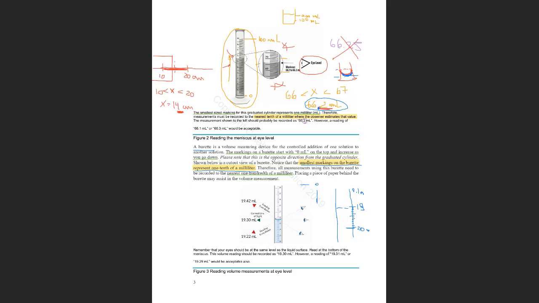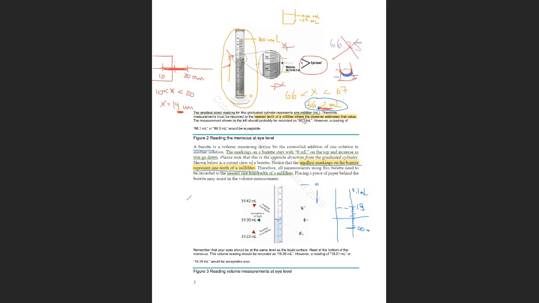0.1 ml. So when I look at a value, I will say, okay, if I have the value here, I can look at the small marks. I can count, because the scale is there, and say 1, 2, 3, 4, 5, 6.